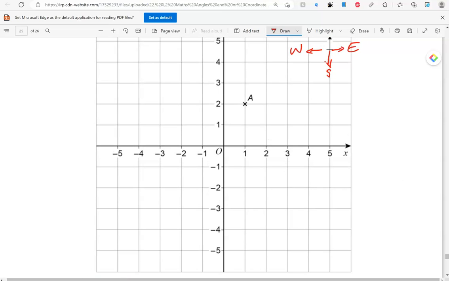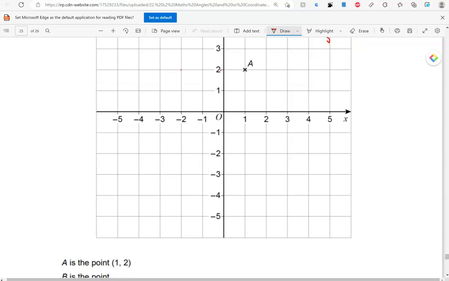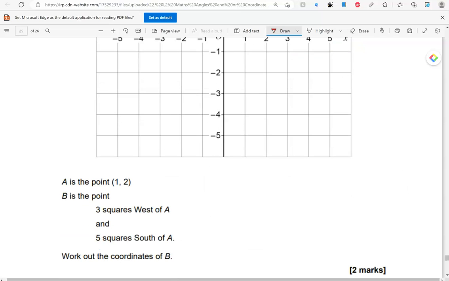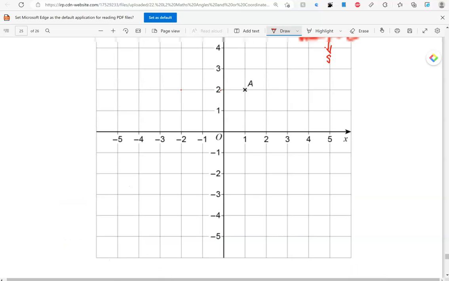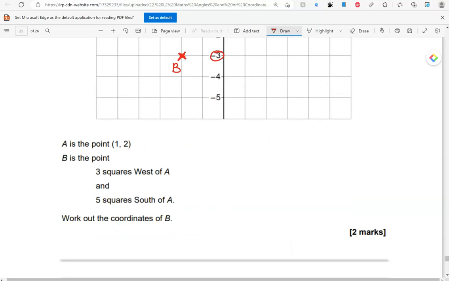So that's 1, 2, 3, and 5 squares south. So that's 1, 2, 3, 4, 5. So that is point B. Coordinates are -2, -3.